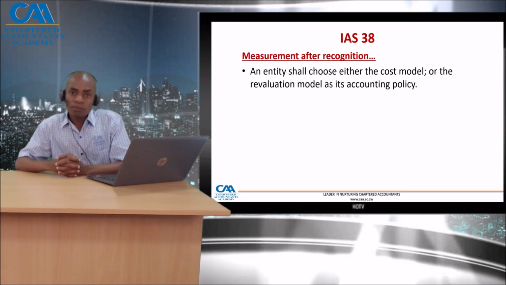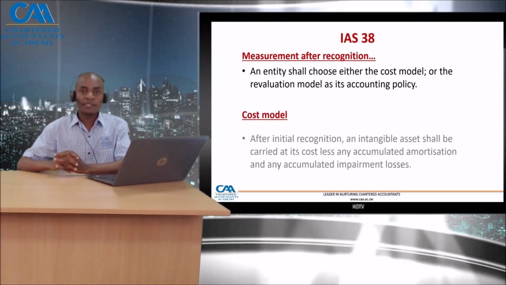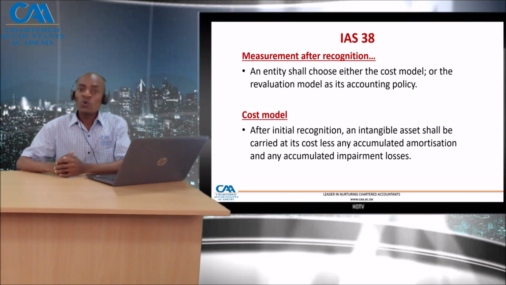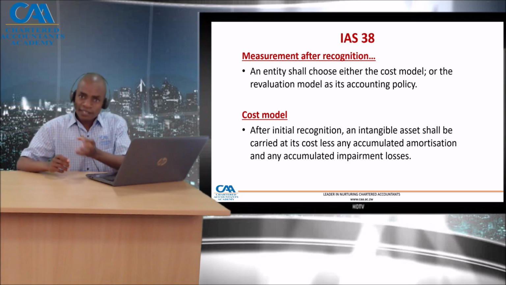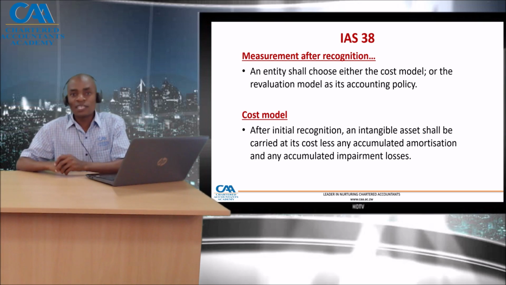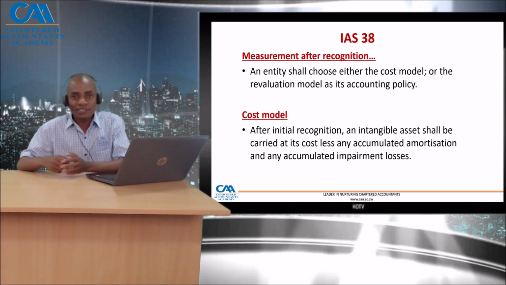And under the cost model, what IAS 38 states is the entity is supposed to carry the intangible asset at cost, less accumulated amortization, as well as impairment losses. As far as impairment losses are concerned, I think by now you are aware that when we are doing FINAC, we do not study the standards or the subjects in silo.